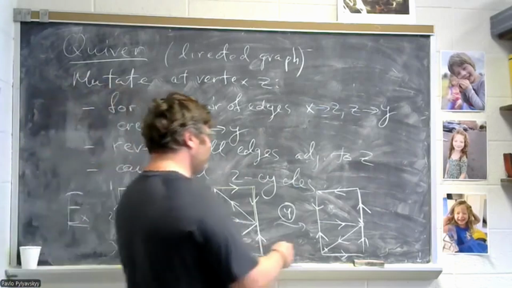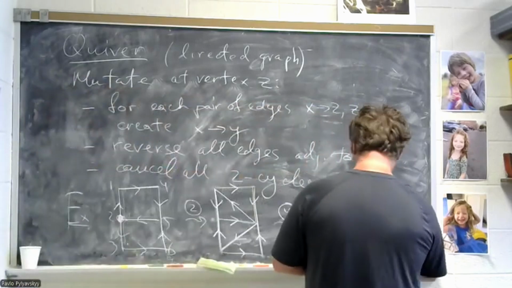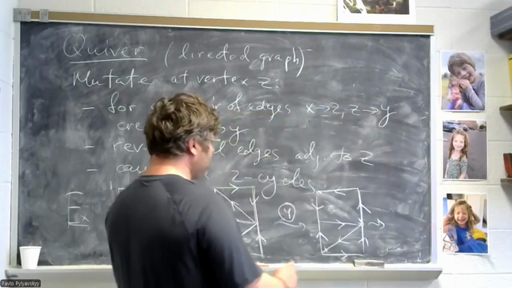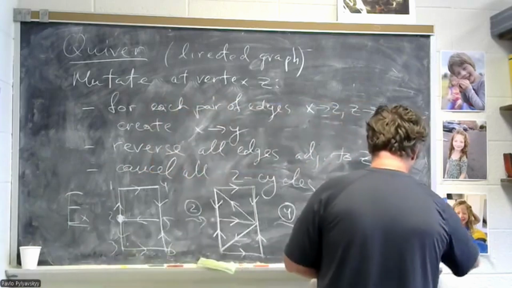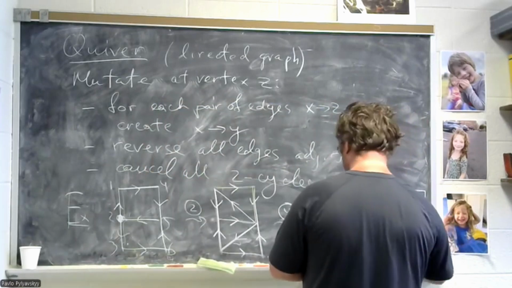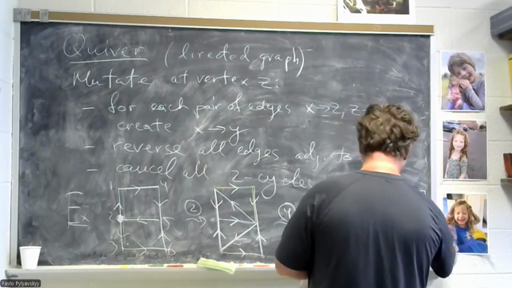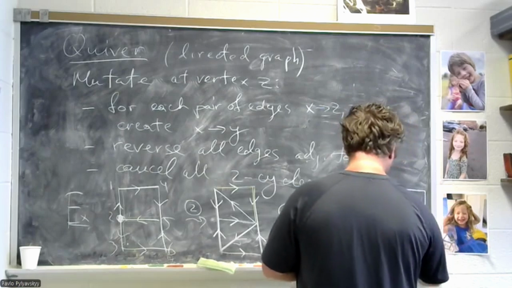Okay, and then if you do it one more time at vertex 6, we will get something which looks like this, right?